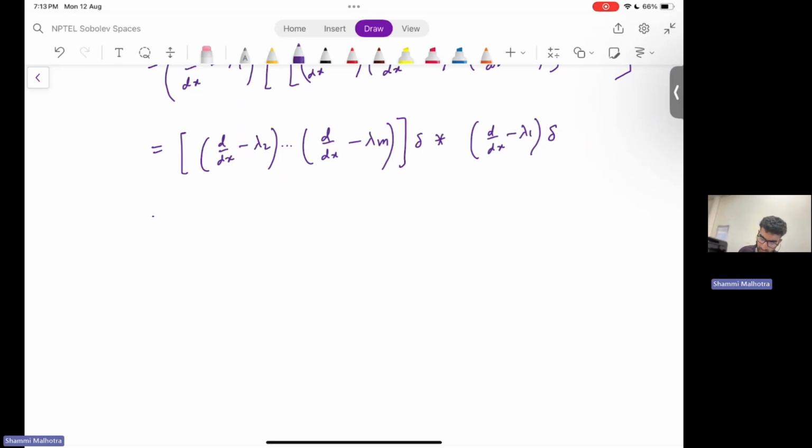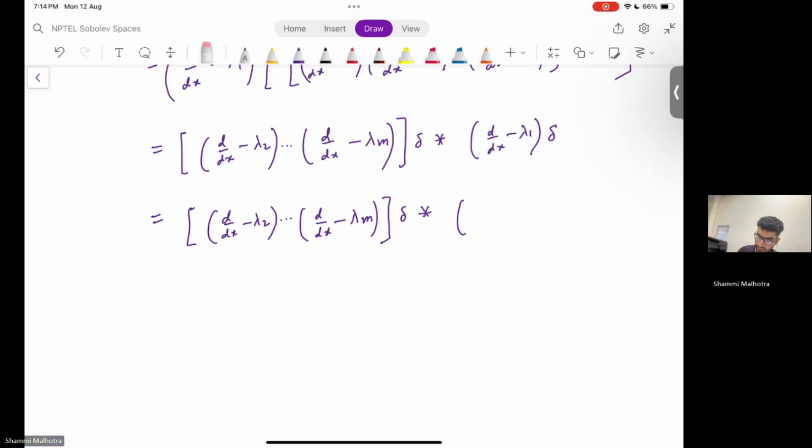So now I guess the idea of how to prove this is clear. Next we will write this as (d/dx - λ_2) to (d/dx - λ_m) δ convolved with (dδ/dx - λ_1 δ), and this again convolved with δ. Since all have compact support, I can write without brackets because we have associativity here.